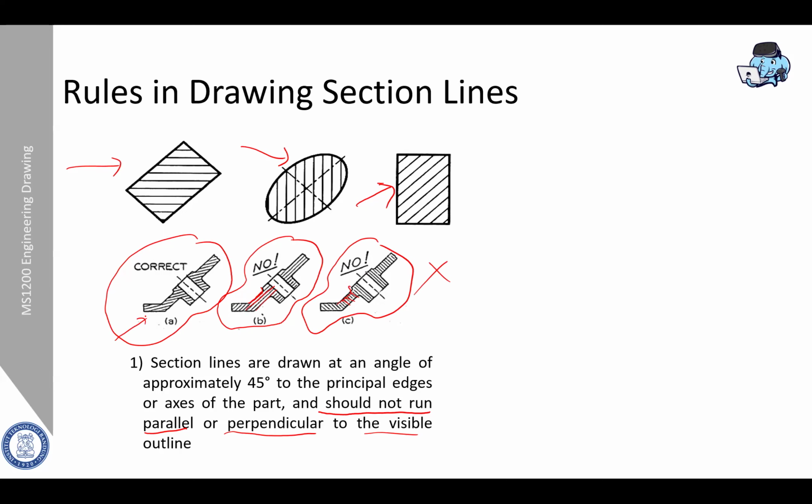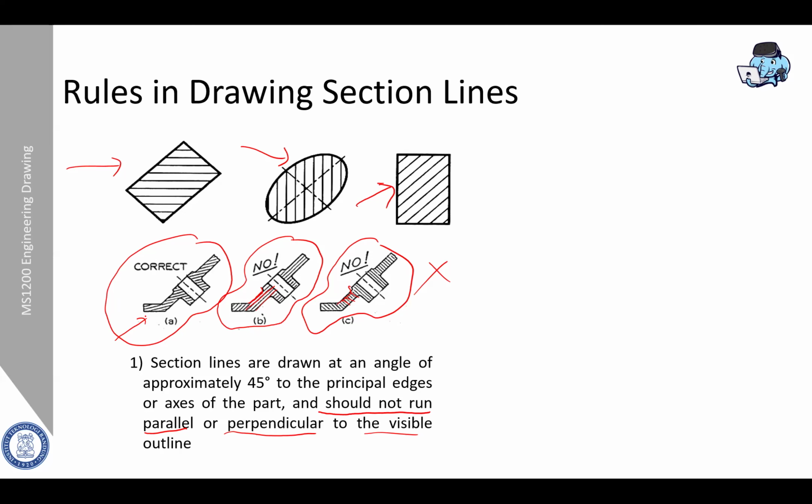But sir, what if, for example, the edges are exactly 45 degrees? How do we make the section lines? Actually, 45 degrees is not necessarily on the horizontal axis or vertical axis.